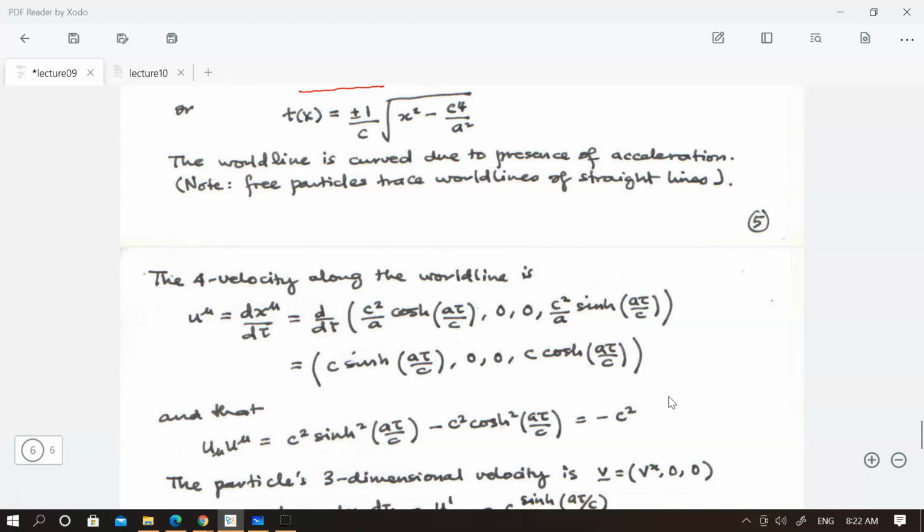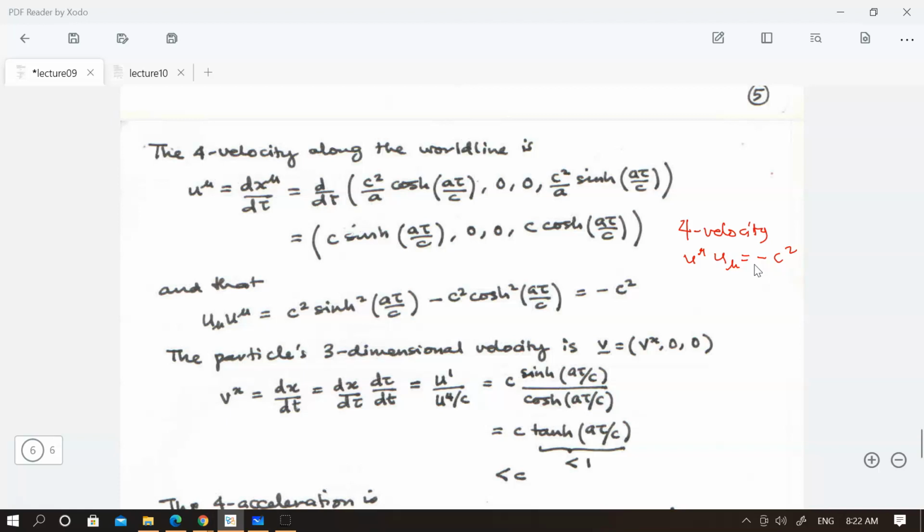And then your time component, your hyperbolic sine. When you differentiate, of course, your cos turns into a sine, and your sine turns into a cos. Then you can check again. So this will be now the four-velocity. You can check u mu u mu should give you minus c squared. And that's what it is. When you contract this, you have this square minus this square, and that gives you a minus c squared.